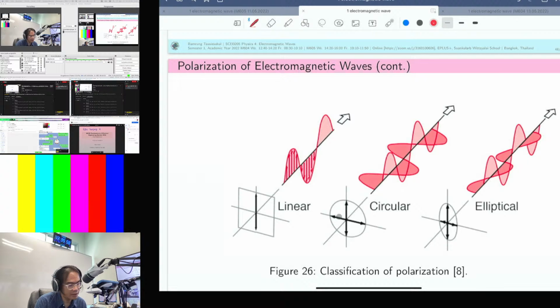So we get equal magnitude, and because the E field will rotate, we get the circle shape.